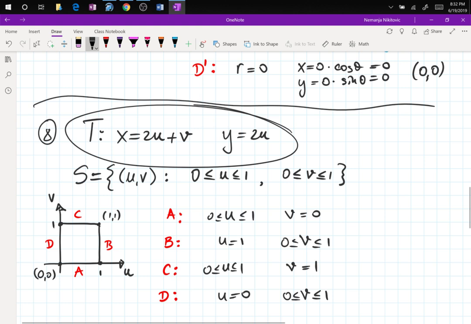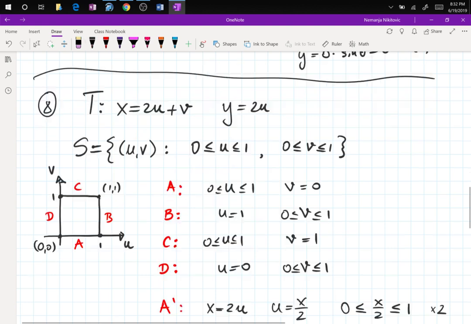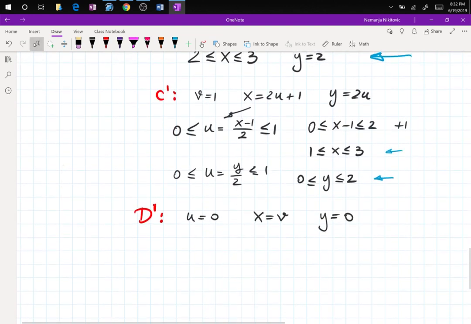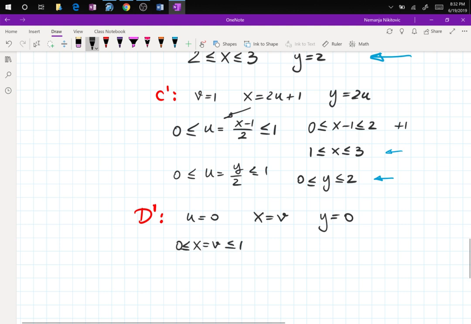So when u is equal to 0, it kills this term, it kills this as well, so y is always 0 and x is equal to v. So v is between 0 and 1, so x equals v between 0 and 1. So the two equations that we worry about are 0 less than x less than 1 and y equals 0. Those are the two that we have to graph.